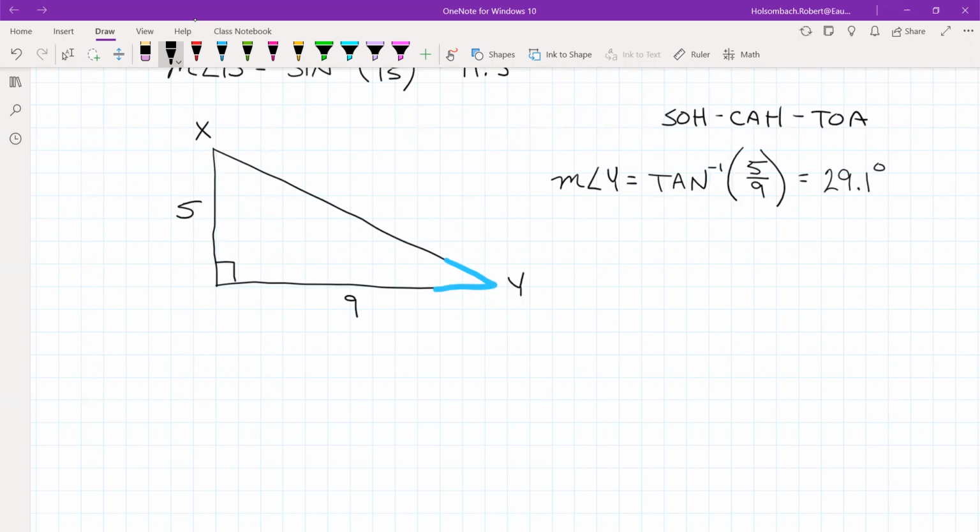So now I'm not going to subtract that from 90. I'm just going to use inverse again. So the measure of angle X is equal to, for X, which ratio are we using? We've got opposite and adjacent, so we're using tan again. And now it's 9/5. 60.9.